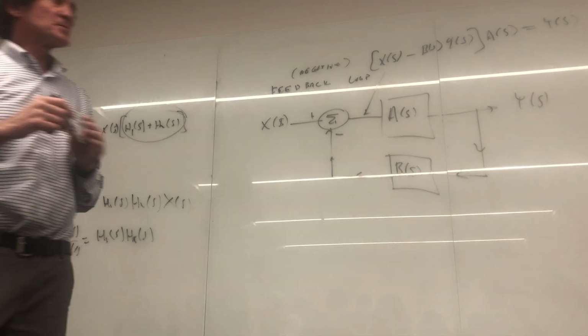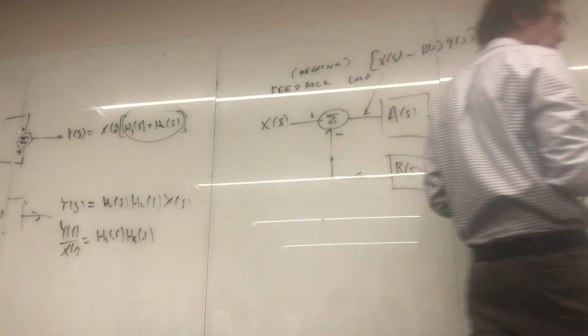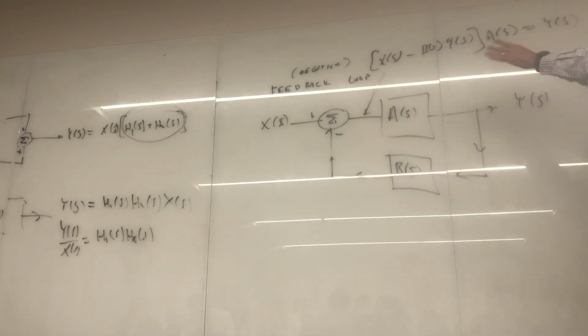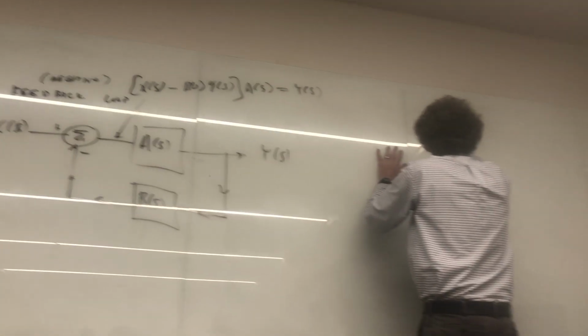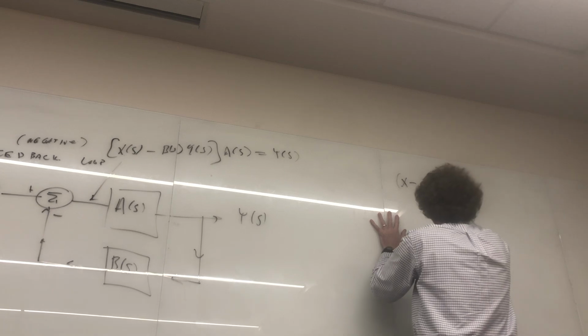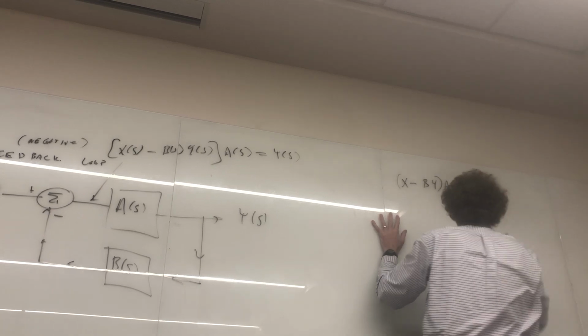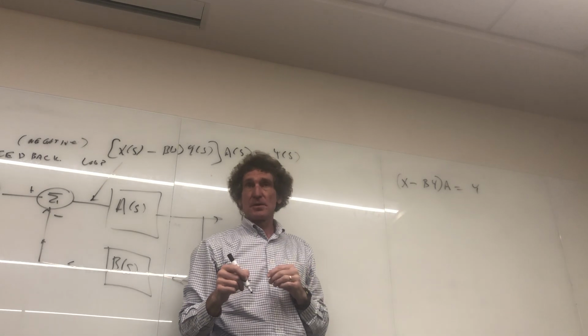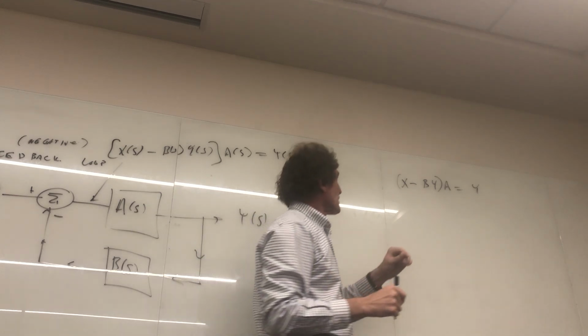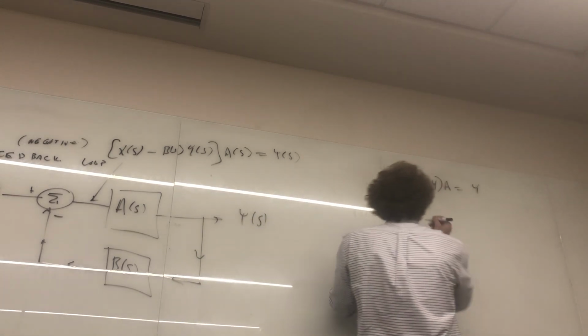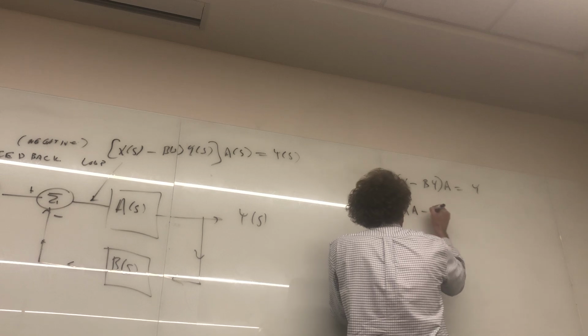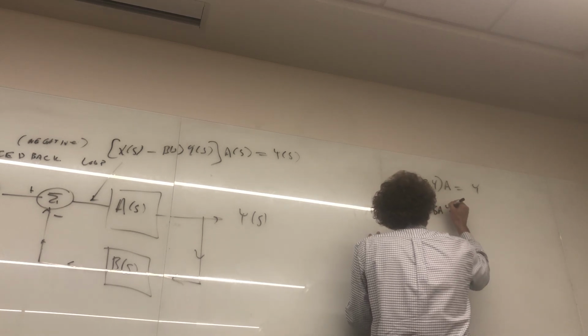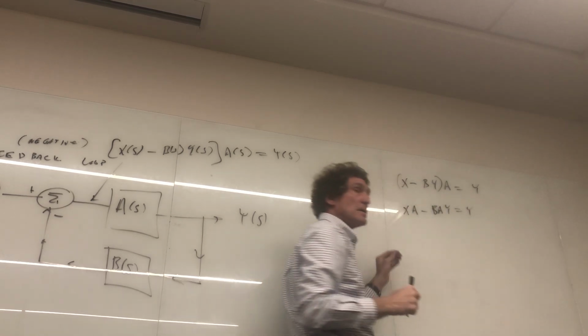Now we get our overall system transfer function. I want you to watch this. I'm going to ditch the s's. So I have x minus beta times y, all times A, is equal to y. Just broke it out so you could see it. Do you agree, class? Now what I'm going to do is multiply that through, so I have x times A minus beta A times y equal y.